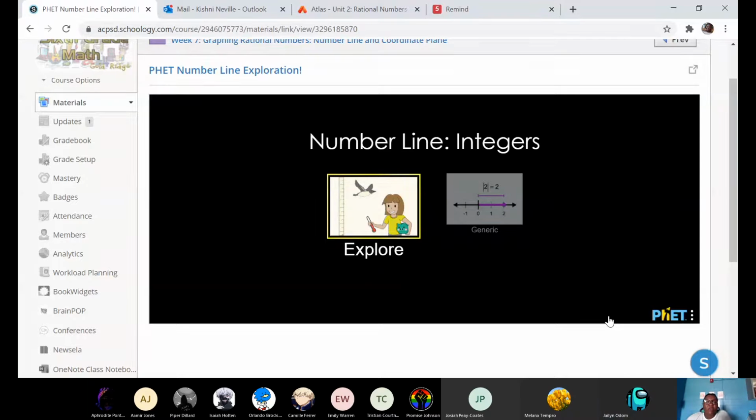So we want to click on PhET number line simulation in our new purple folder in our math class in Schoology. And once we've clicked there, this screen will show. Once your screen matches Miss Neville's screen, please raise your virtual hand. Miss Neville, mine is just loading. Okay, well, it's coming.